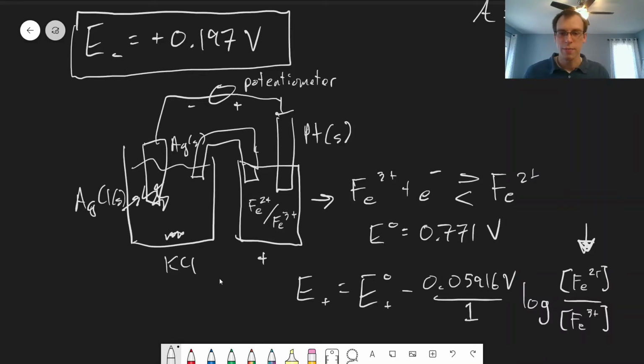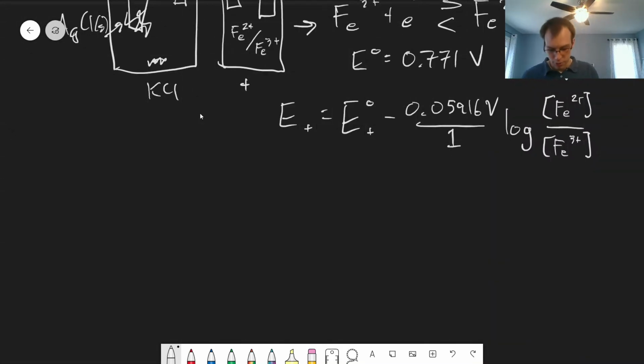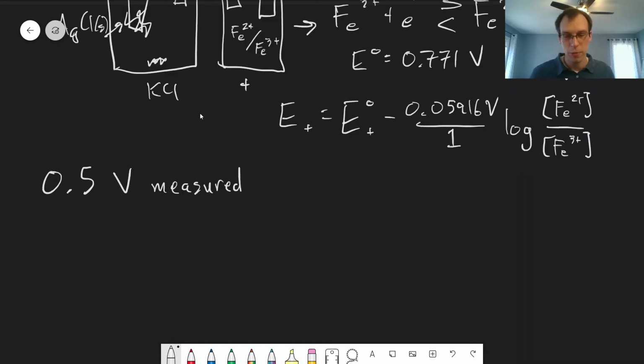So let's look at that. Let's imagine that we measured 0.5 volts as the potential for the whole cell. So let's write out an equation to allow us to determine this unknown ratio of iron 2 plus and iron 3 plus.